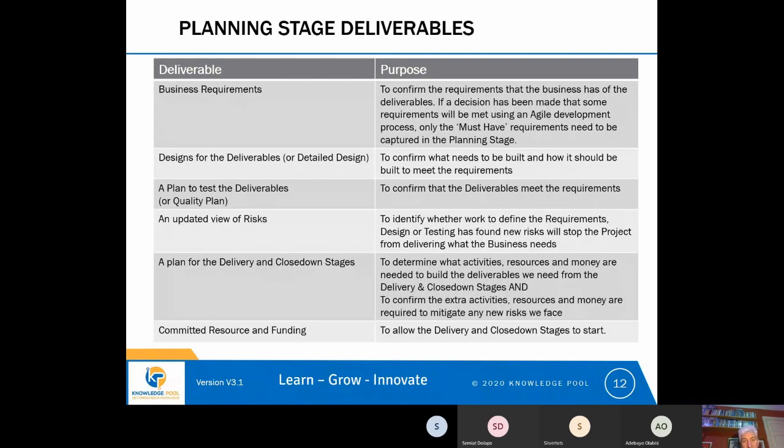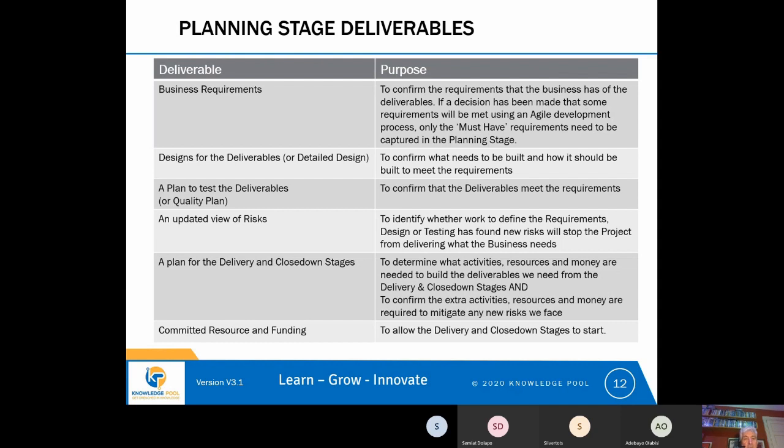So the plan for testing our deliverables, our quality plan, will say how we're going to take our deliverables and how we're going to test them against the requirements. Because our requirements will say we need to be able to do this. And so in order to prove that the deliverables that we've created are capable of meeting the requirement, we have to do some testing. And the quality plan is a plan for how we're going to test the deliverables to confirm that they meet our requirements.